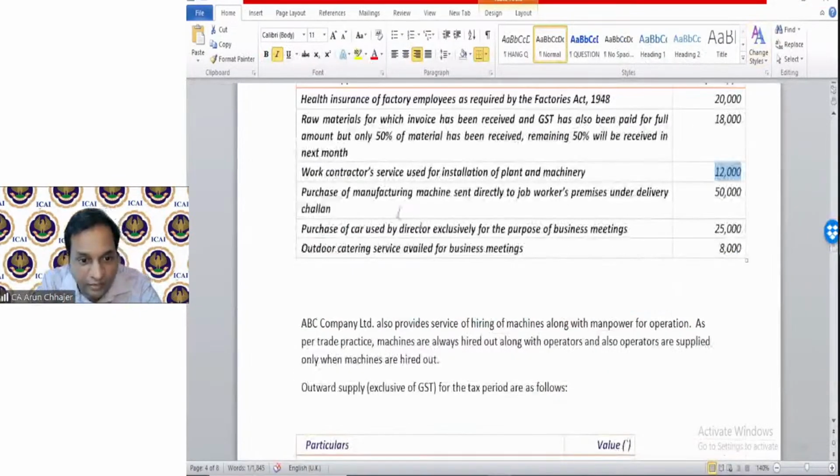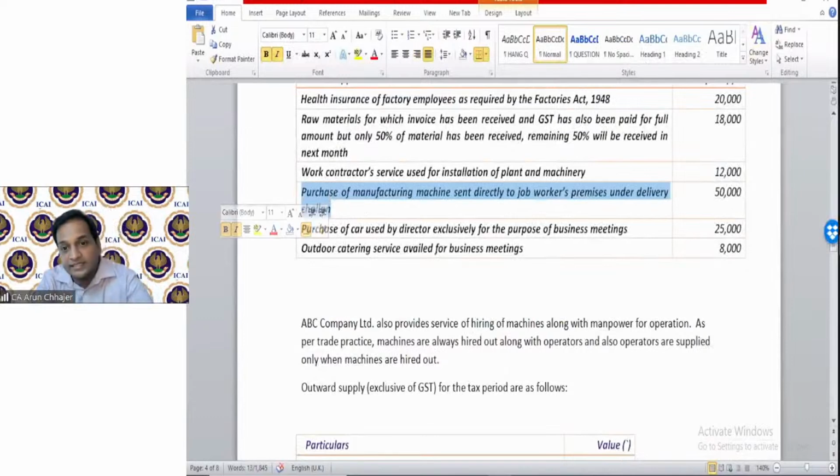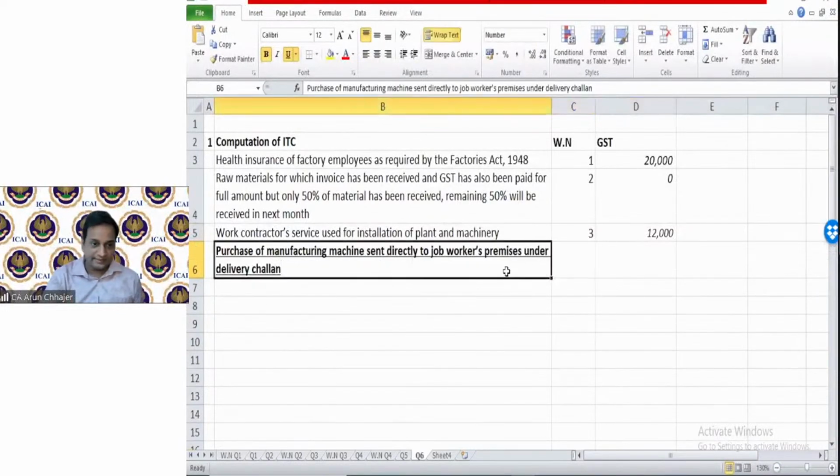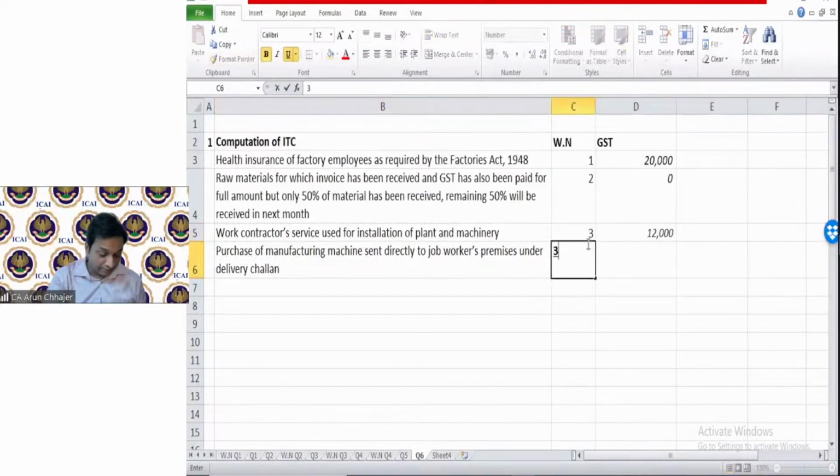Purchase of the machine and sent directly to the job worker premises under the delivery challan. ITC available or not available? Any comment?